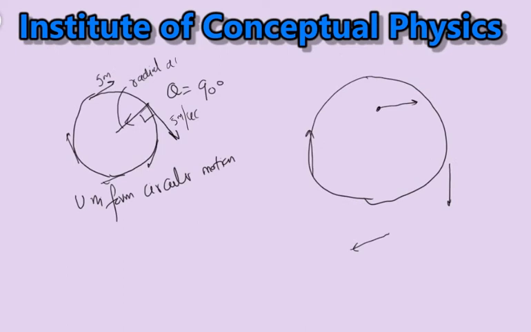So if the velocity here is 5 meter per second, the velocity here becomes 6 meter per second. So the velocity magnitude change happens and the direction also changes.